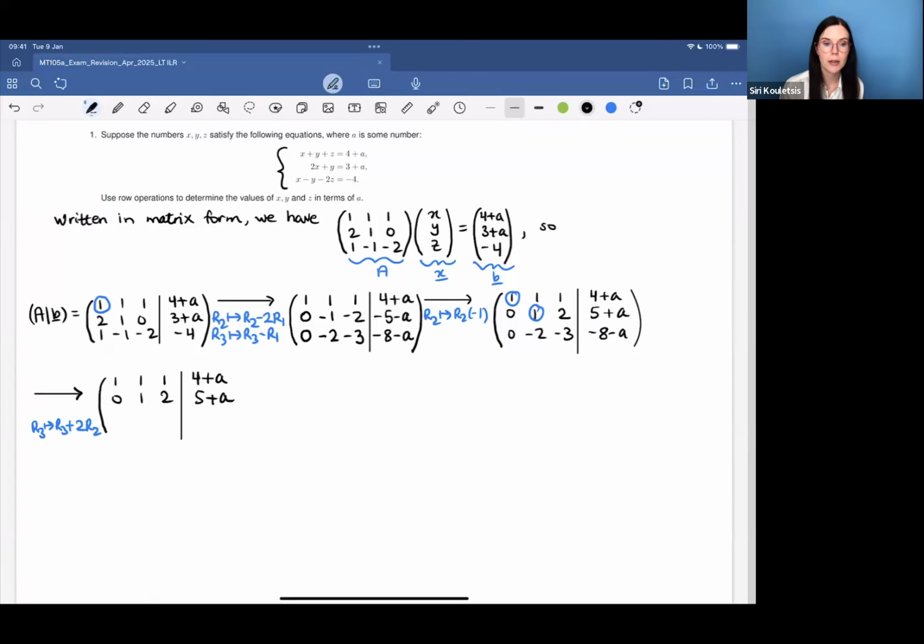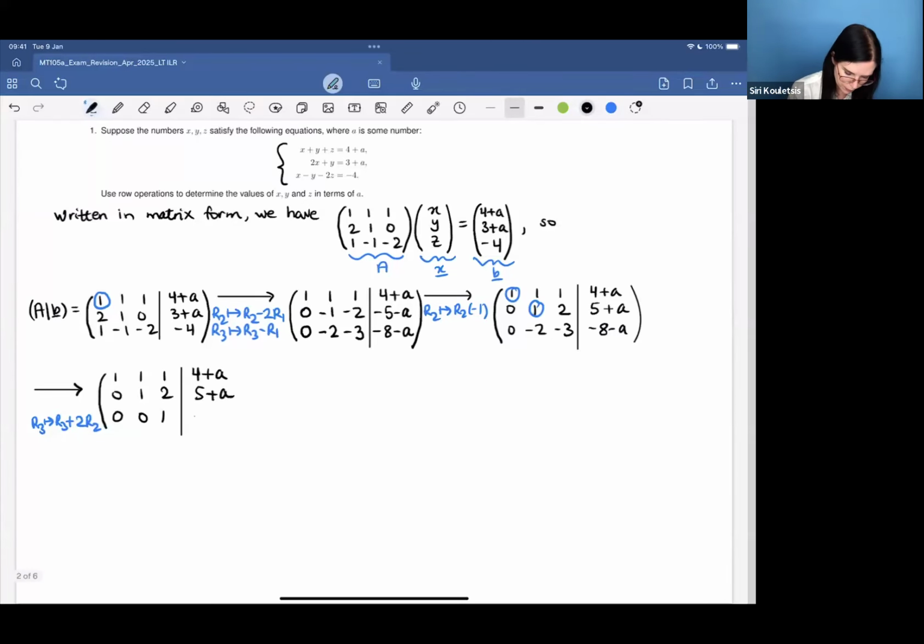And now we just need to add 2 times row 2 to row 3. And actually we were quite lucky here, because now we also have our final leading one in the third row.